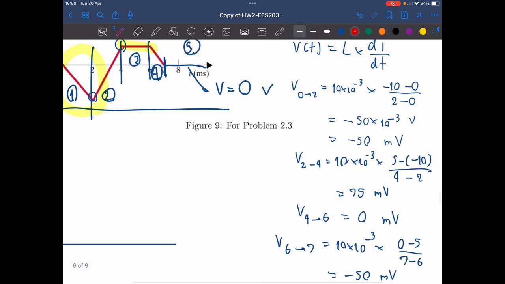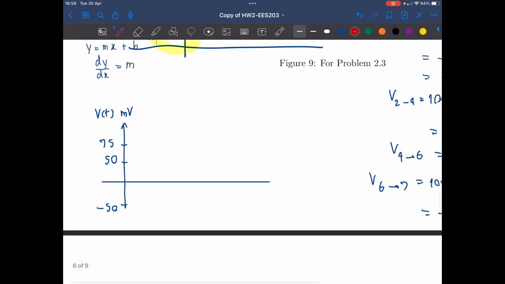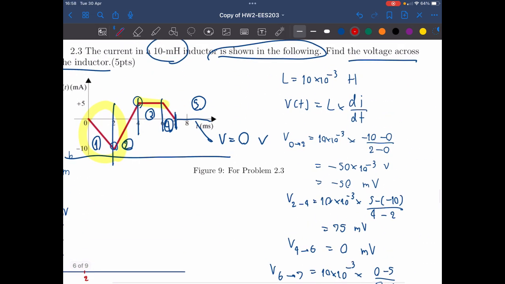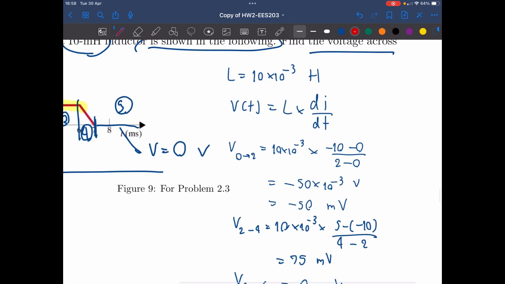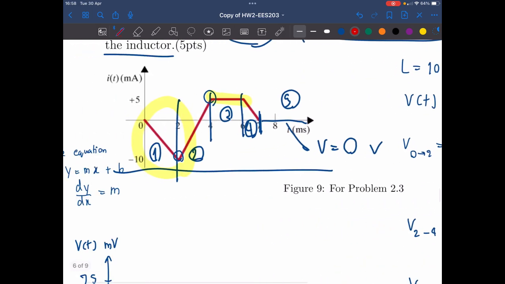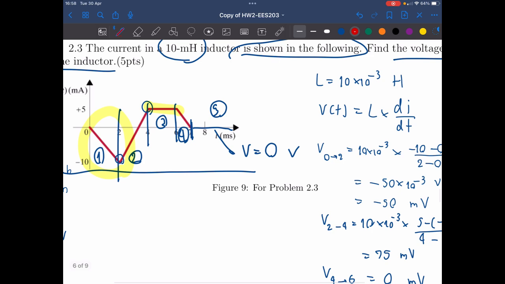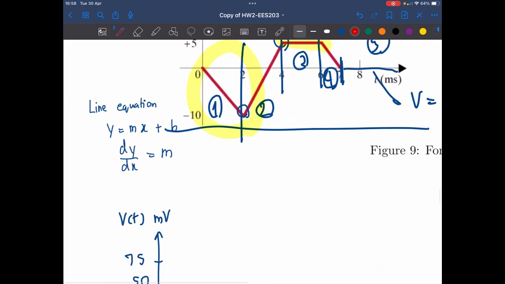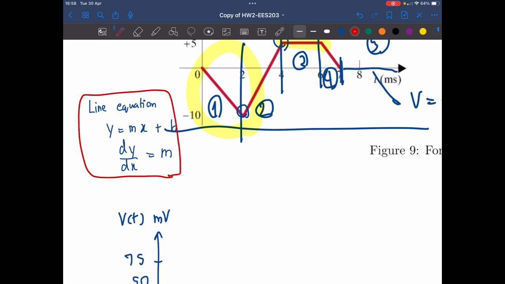Alright, so the first part from 0 to 2. As you know, the value from this part, because I may forget this, but in the linear equation, the derivative of I with respect to t is constant, as I have already shown in this linear equation.